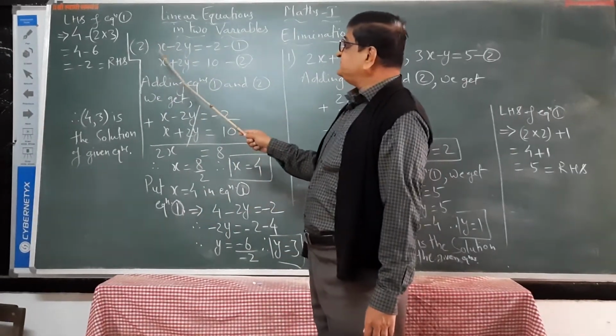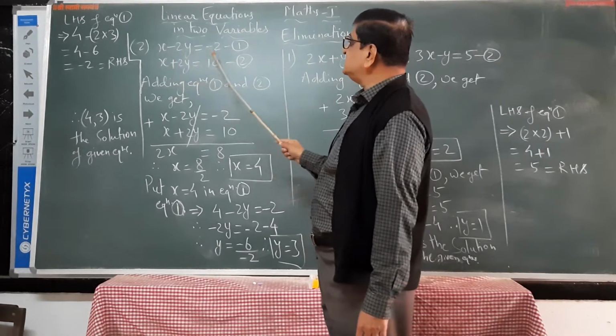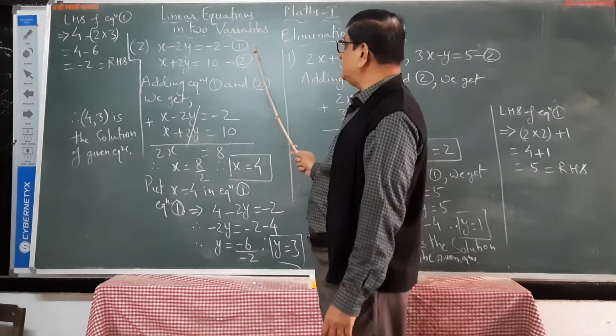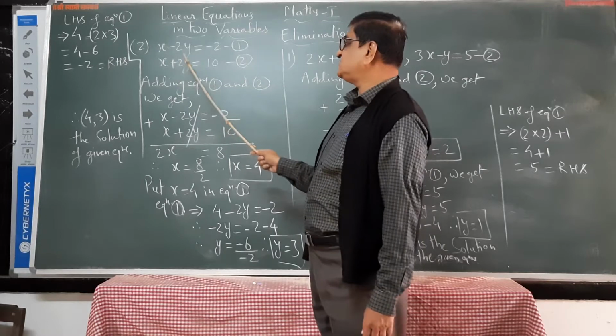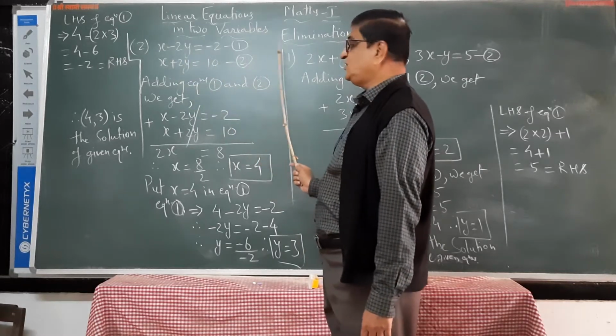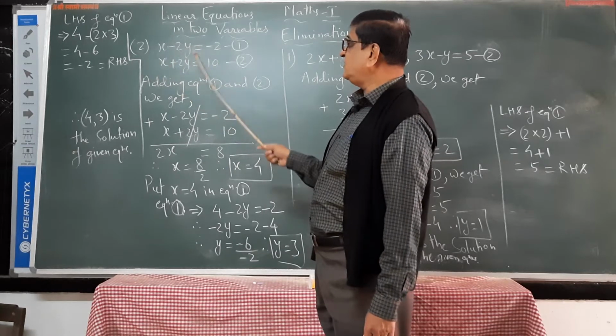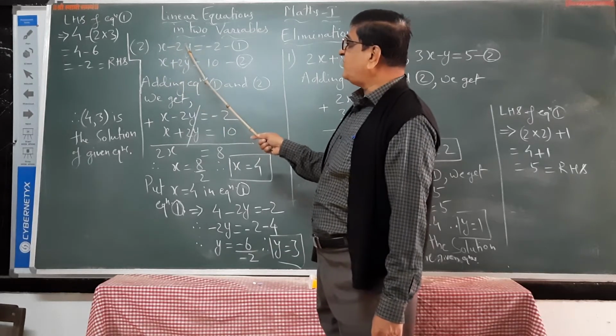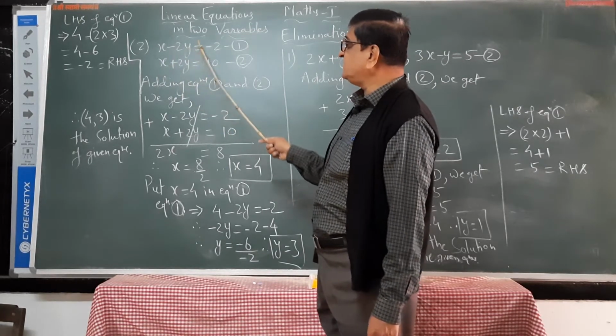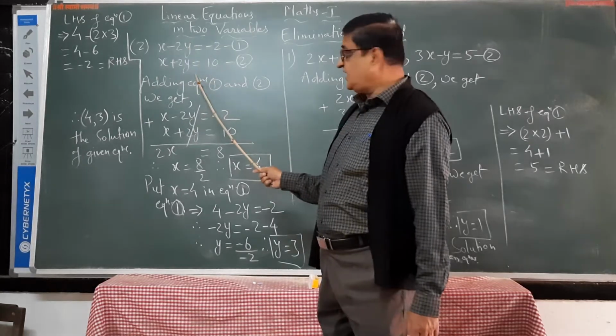Second problem: x minus 2y is equal to minus 2, we will call number 1, and x plus 2y is equal to 10, number 2. Now here also we will eliminate one of the terms. By adding these two equations, the y will get eliminated.